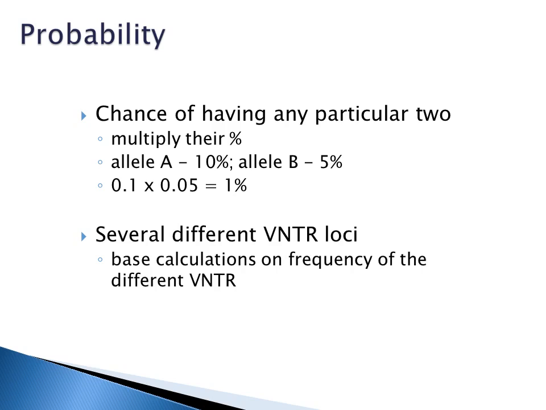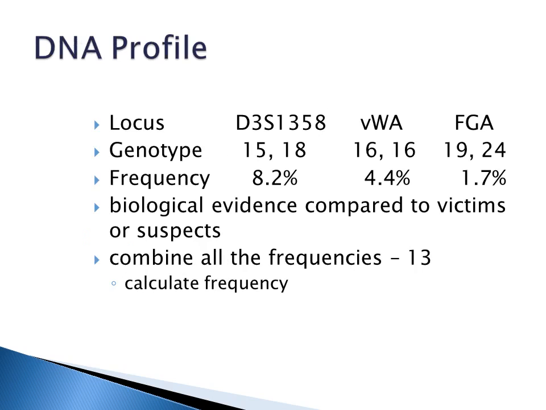So you're going to look at several different variable number tandem repeat loci, and you're going to calculate the frequency of the different VNTRs. So for example, in a DNA profile, you have 3 different loci here. You have the genotype at each locus. At D3S1358, you have 15, 18. At VWA, you have 16, 16, and FGA, 19, 24.